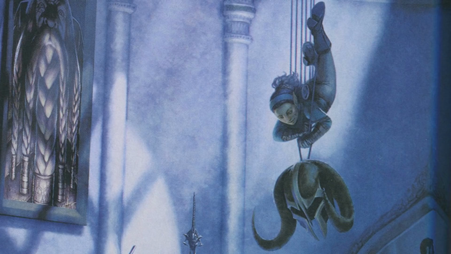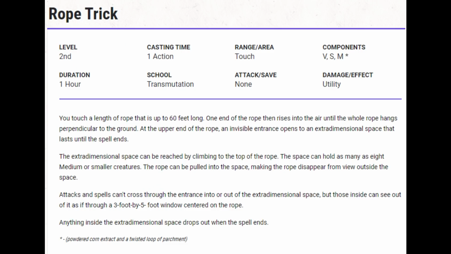The next thing is, what's required to lift up the rope afterwards? We don't know. And if we look at the text of Rope Trick for some guidance, we see that there are actually no rules for leaving the rope trick before the spell ends. So does that mean you're stuck in the rope trick until the spell is over, and then you're all going to fall out and take damage from falling prone because the rope trick happened to be 60 feet in the air?